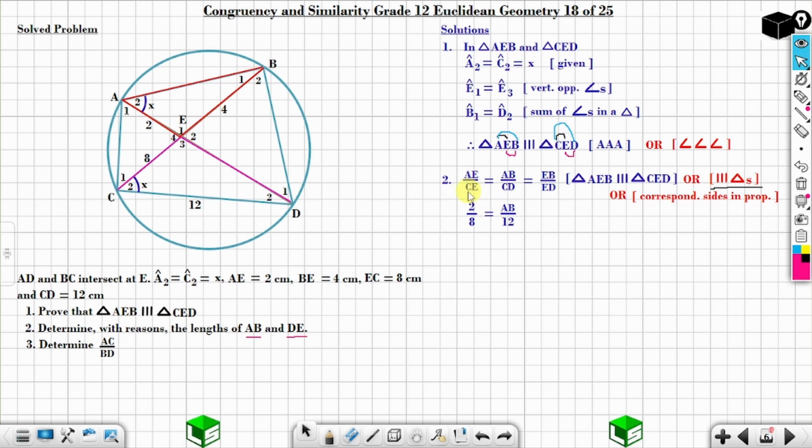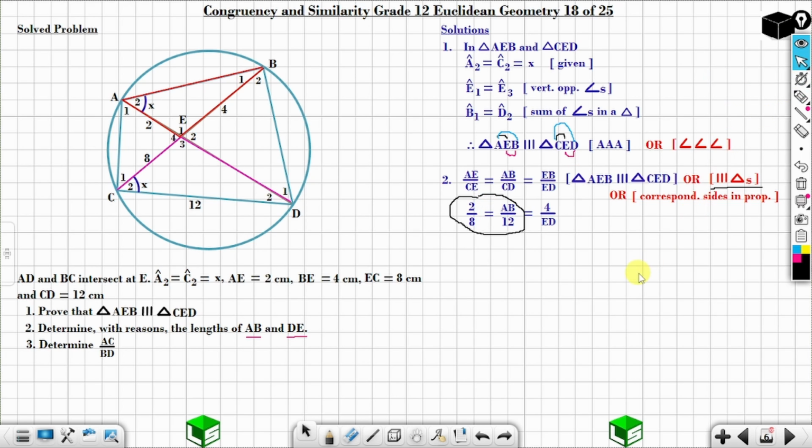You do cross multiplication. This is equal to EB, EB is 4 over ED.